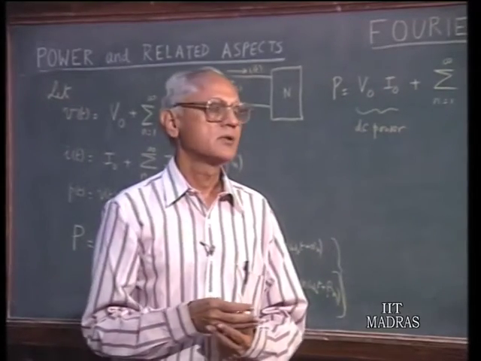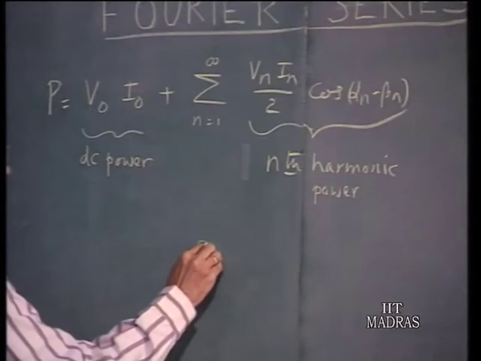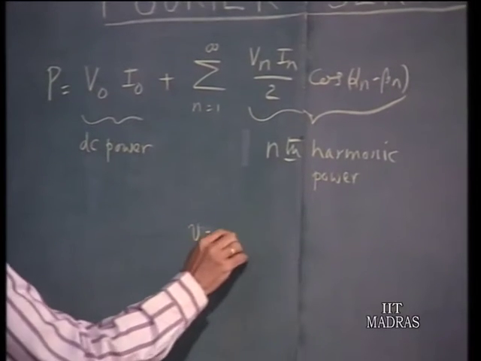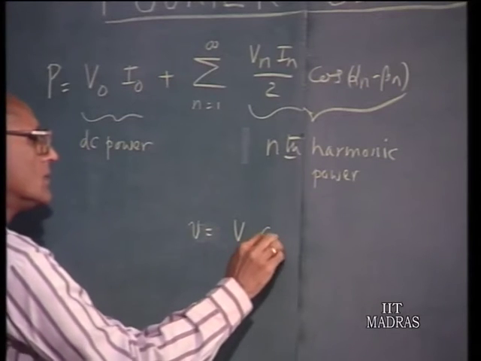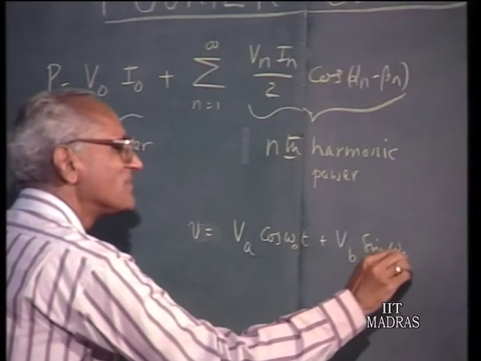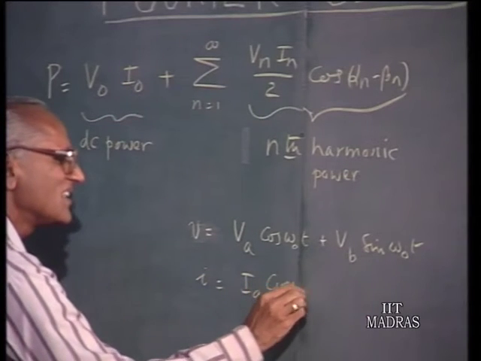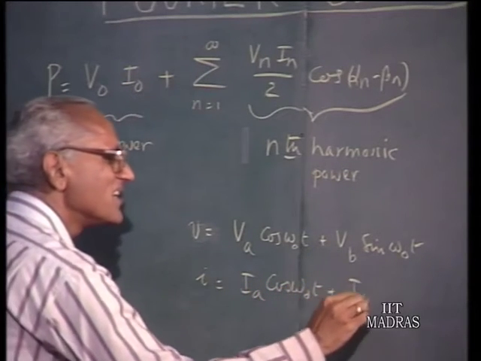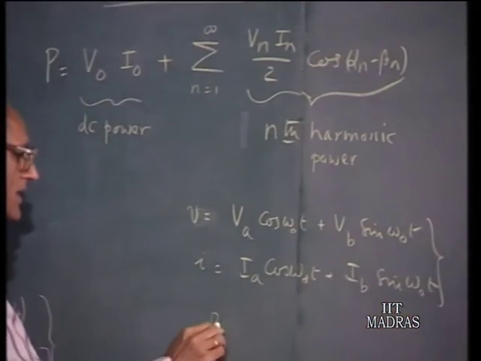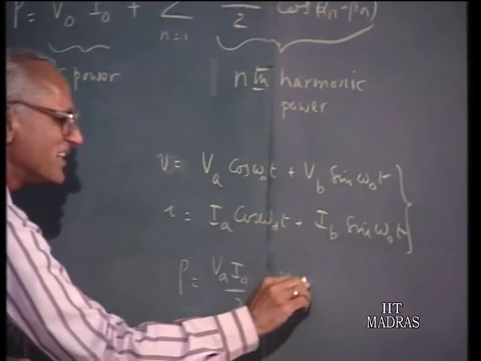Also, if you have the same frequency, suppose you have v equal to Va cos(omega naught t) plus Vb sin(omega naught t), and current, let us say, is Ia cos(omega naught t) plus Ib sin(omega naught t), then associated with this we can say power is Va Ia divided by 2 plus Vb Ib divided by 2.